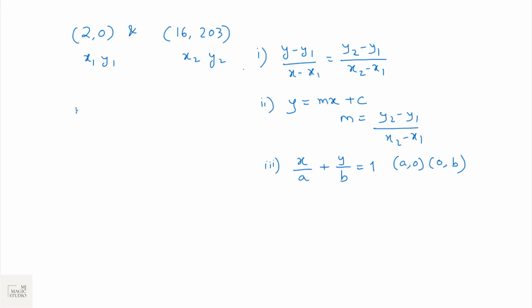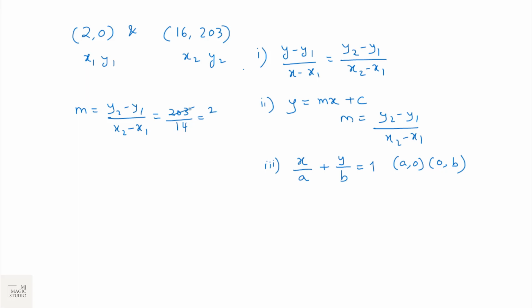Let's find the slope. Slope of this straight line would be y2 minus y1 upon x2 minus x1, dy by dx. That would be 203 minus 0 by 16 minus 2, which is 14. Let me see if it is divisible by 7. 14, 63.